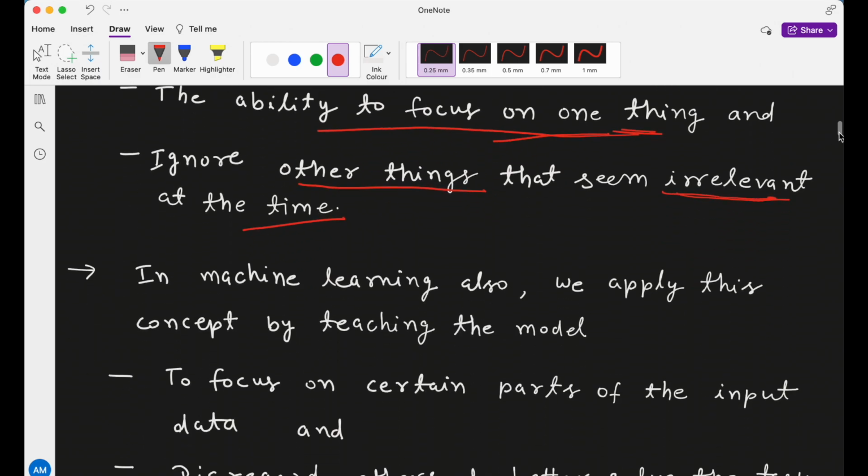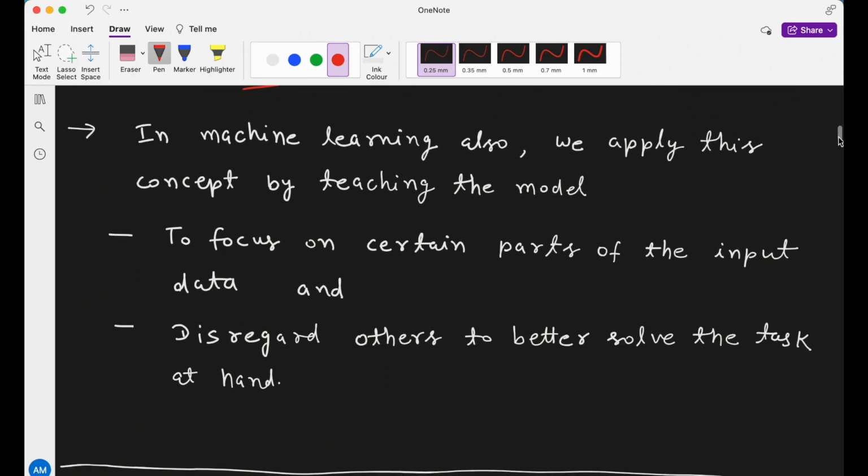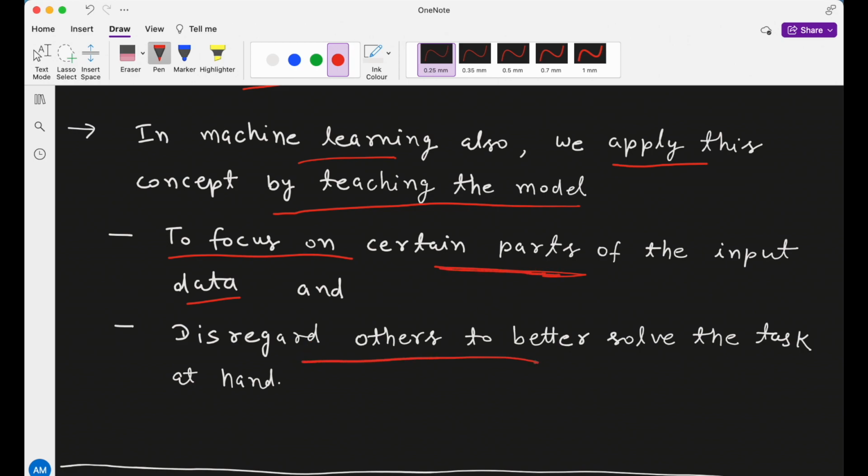Now let's see what it means in terms of machine learning. In machine learning, we apply this attention mechanism by teaching the model to focus on certain parts of the input data. We provide the data and teach the model so that it can focus on certain parts only and disregard other parts, so that it can solve the task in a better way.